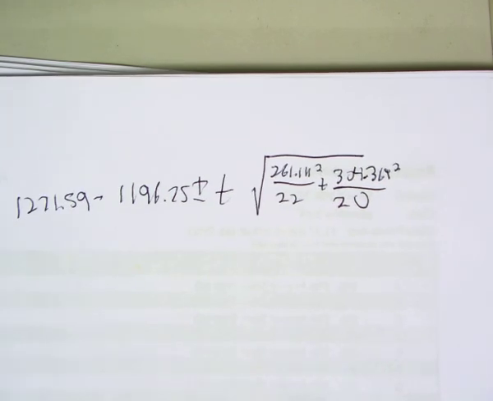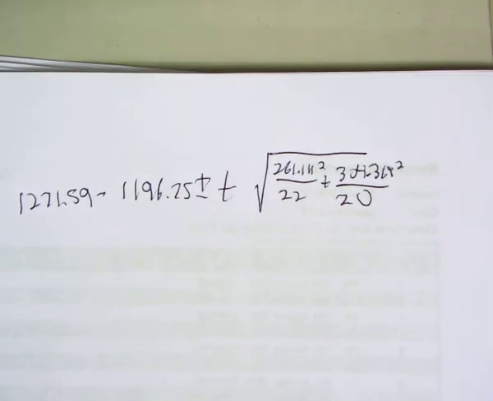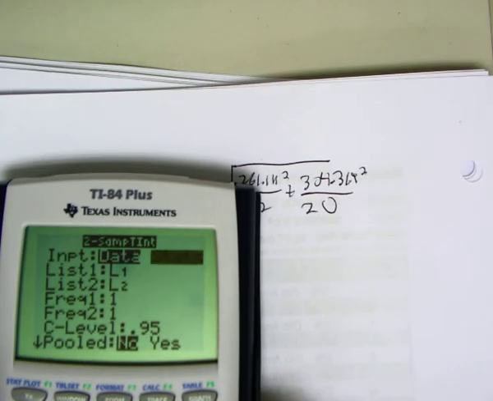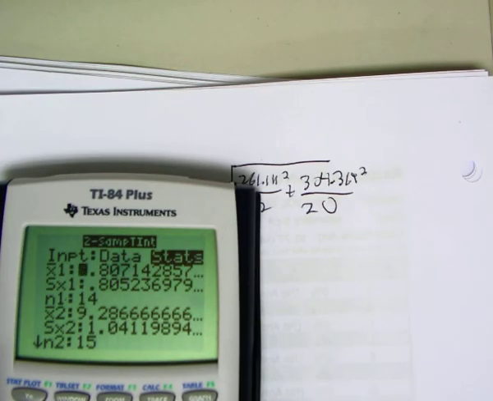So what we're going to do is go to calculate test, and we're going to do 2-SampTInt, and we're going to go to stats and put in our statistics. So we got 1271.59, standard deviation 261.111, n is 22.